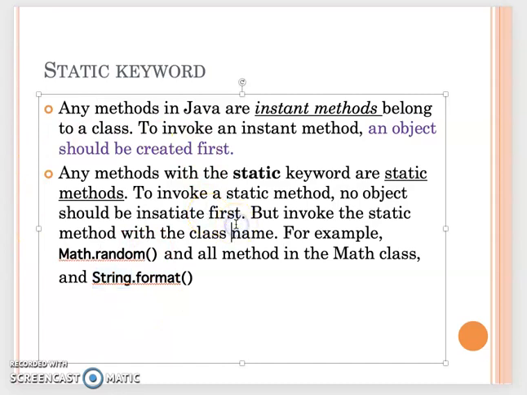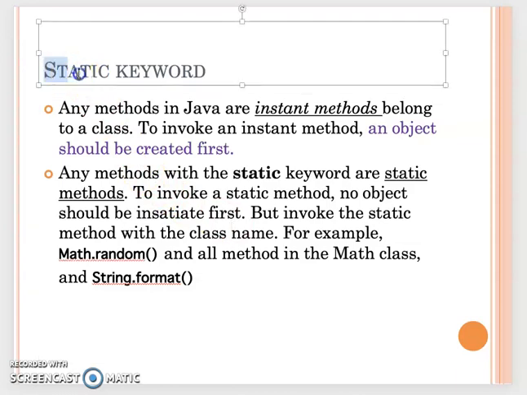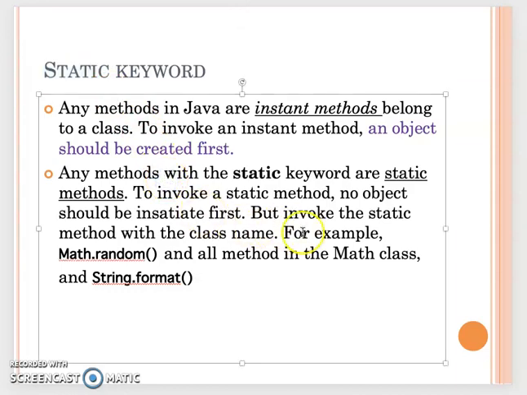Now you maybe wonder, what are objects? Don't worry, we will talk about that pretty soon, in a couple more weeks after arrays. But for now you just need to remember one thing about the static keyword. Whenever you have a static method, you invoke it using the class name dot the static method. No object needs to be created. That's what I want you to remember for now.